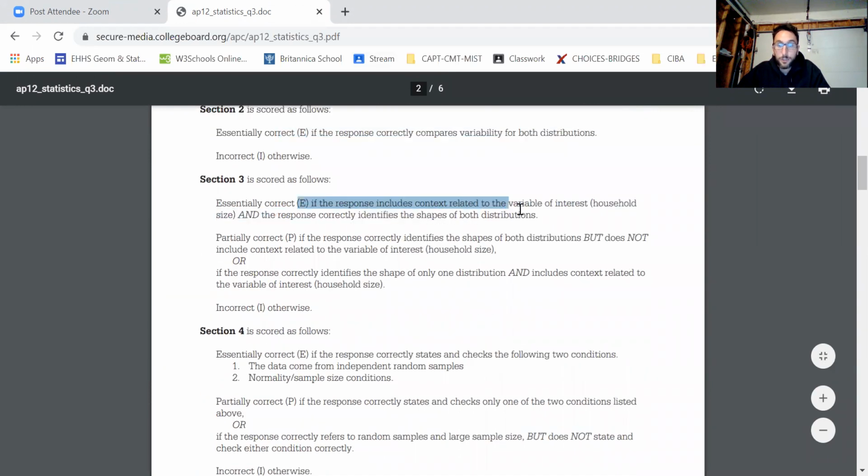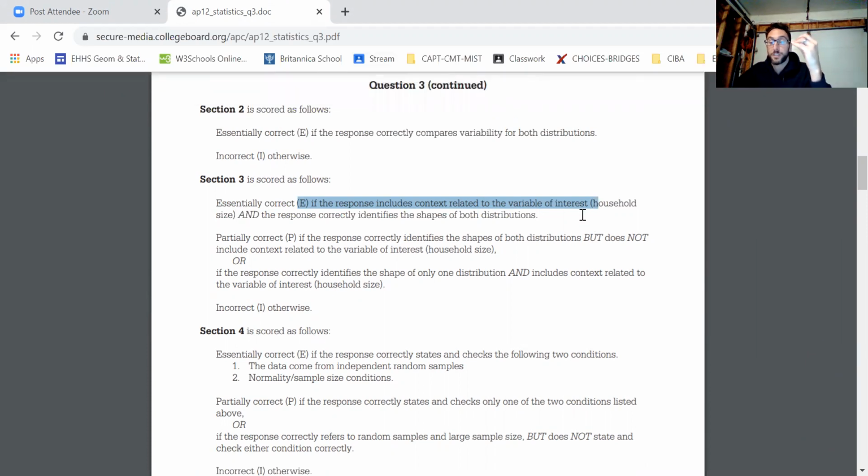Section 3 includes context. We nailed that because we reworded the question and added the this suggests. Those are 3 good pieces of context: introducing the context, then interpreting the meanings of the comparison of medians and ranges in context.